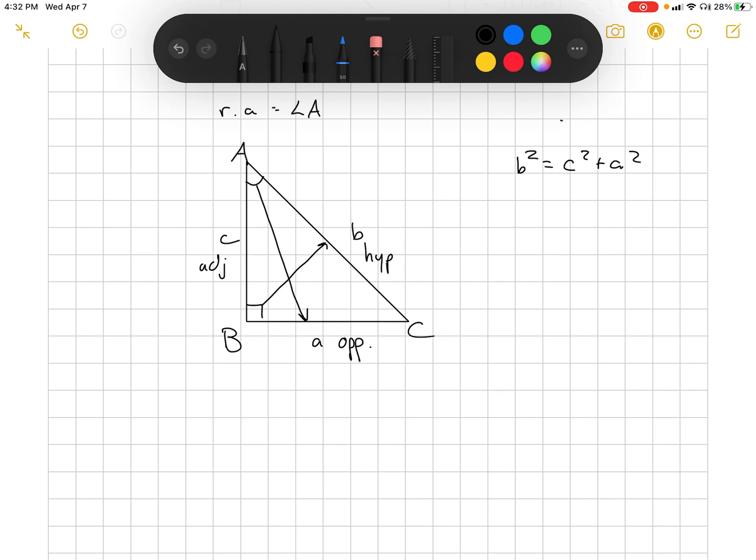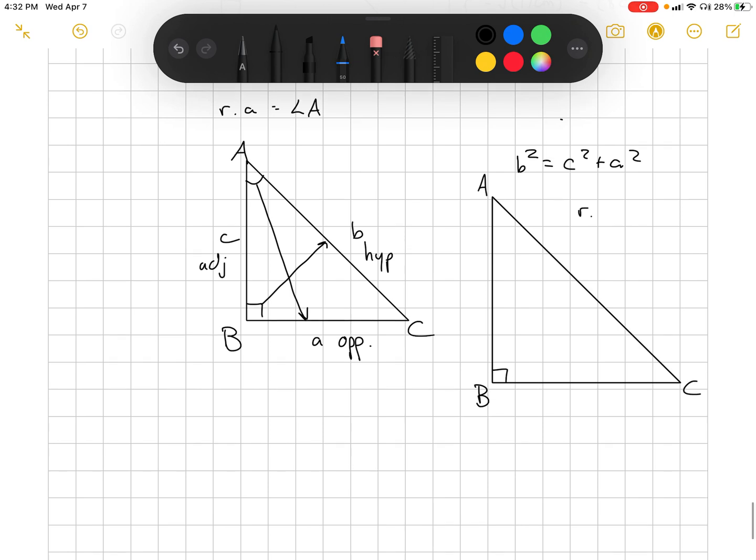Now, where this gets a little tricky is if we take that same triangle, it's probably not going to be the same triangle, it's close enough. Let's say we have A, B, C, and we're going to change the reference angle to angle C. Okay, well, our hypotenuse doesn't change, because it's always opposite the 90 degree.